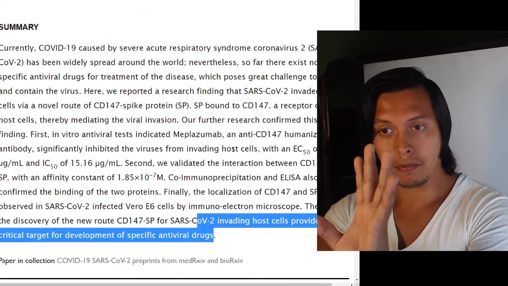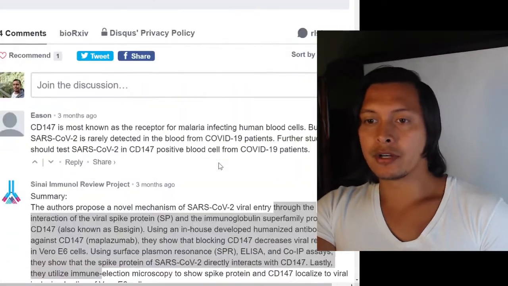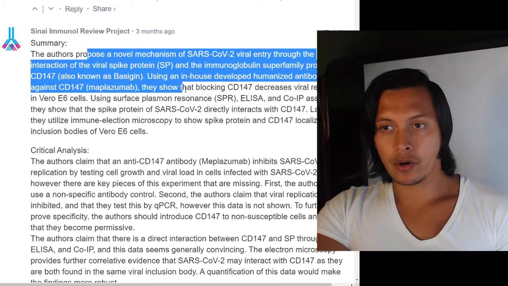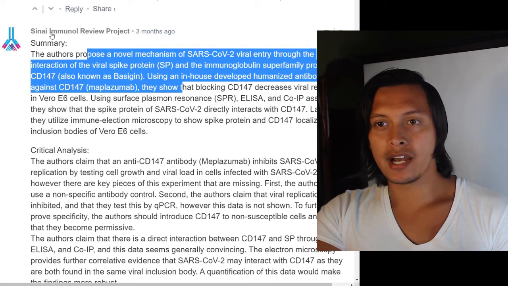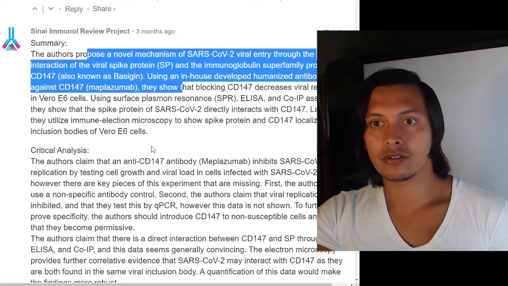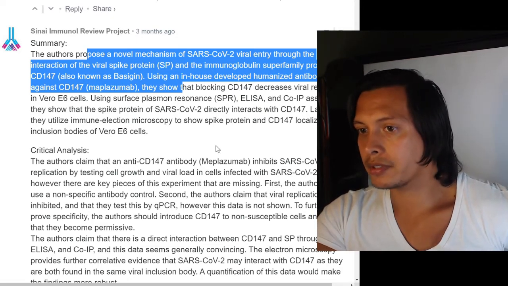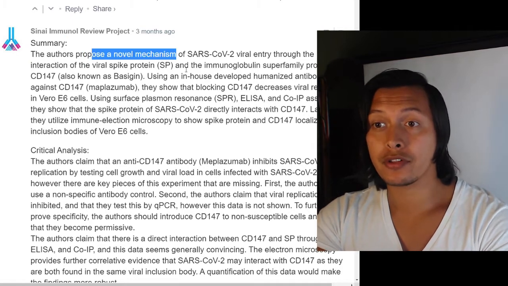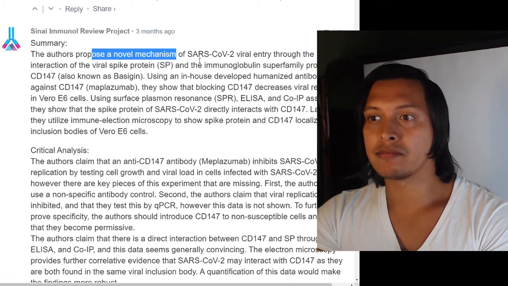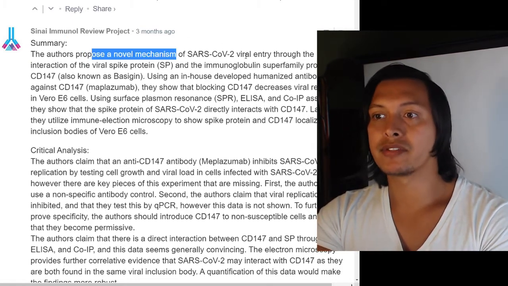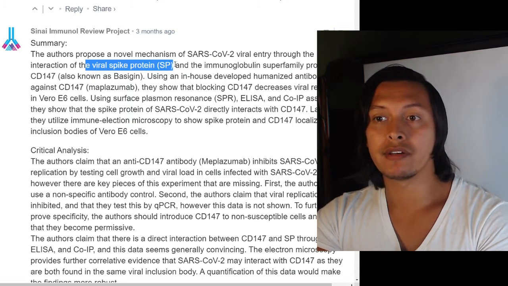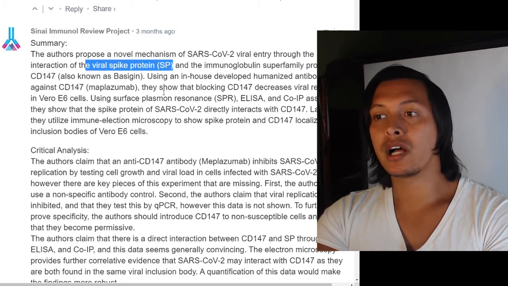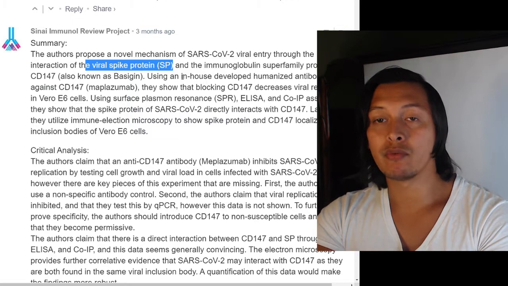So before we continue reading this, I'm going to go over this summary through the Sinai Immunological Review project. I'll just go over this review because there were some problems with this. The authors propose a novel mechanism of SARS-CoV-2 viral entry through the interaction of the viral spike protein and the immunoglobulin superfamily protein CD147.